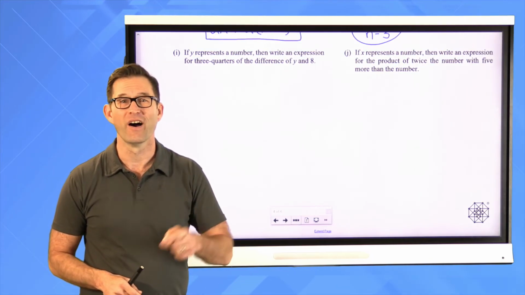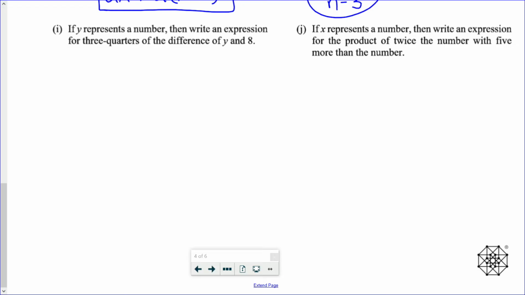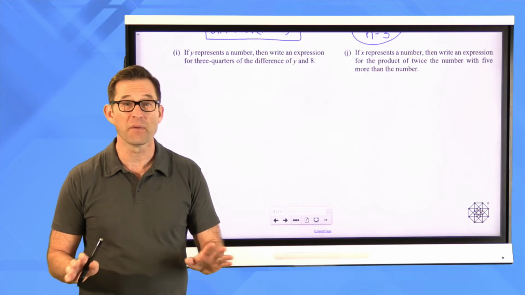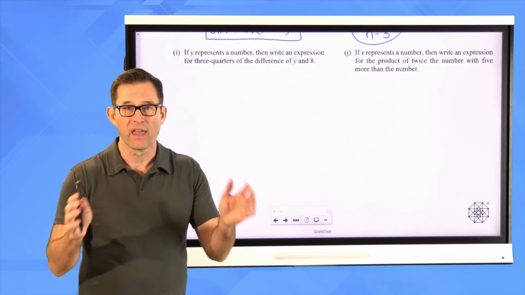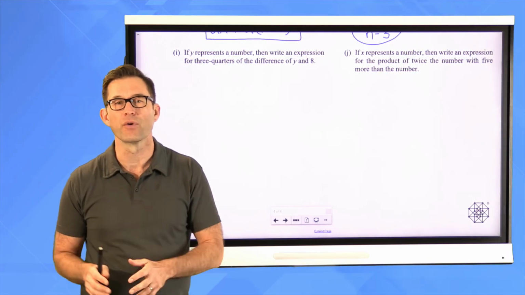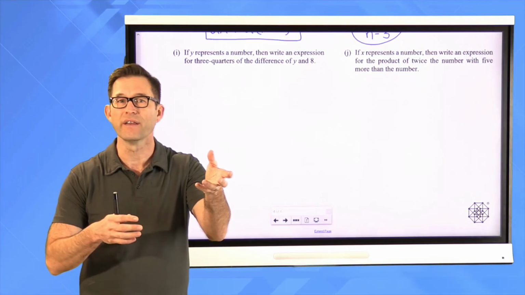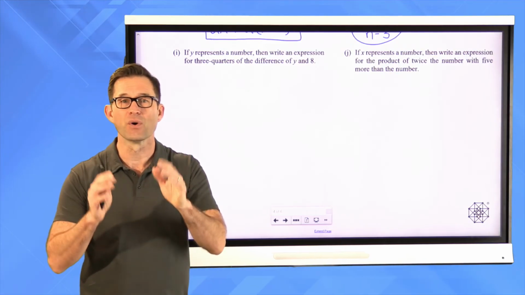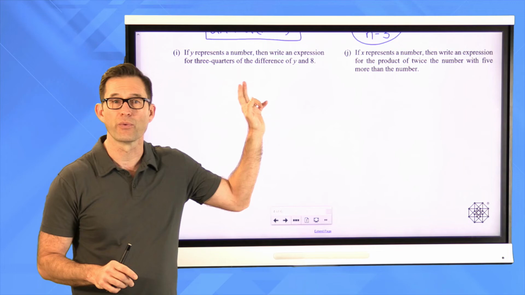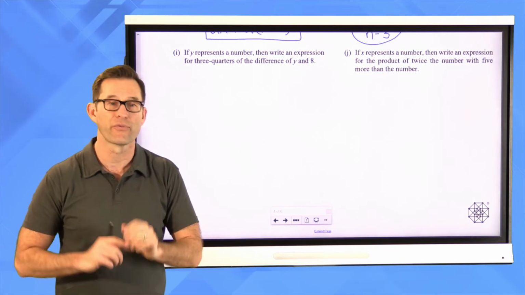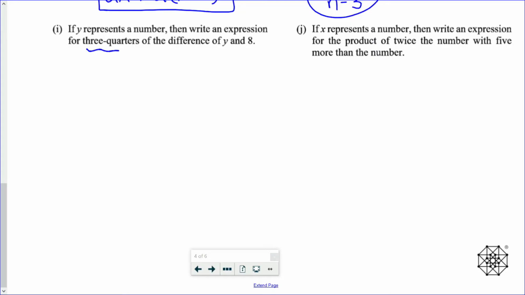All right, letter I. If y represents a number, then write an expression for 3/4 of the difference of y and 8. Got to be careful here. If I gave you a number and said 3/4 of the difference of y and 8, you would take that number for y, subtract 8 to find its difference, and then multiply that result by 3/4. 3/4 of means you're doing 3/4 times something.